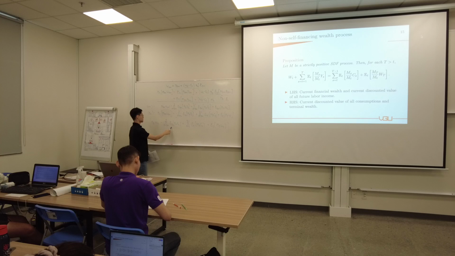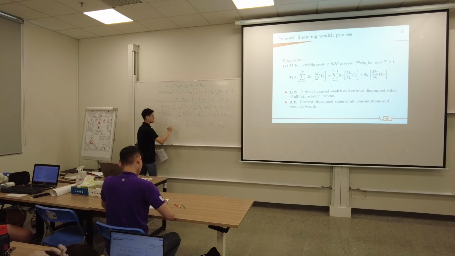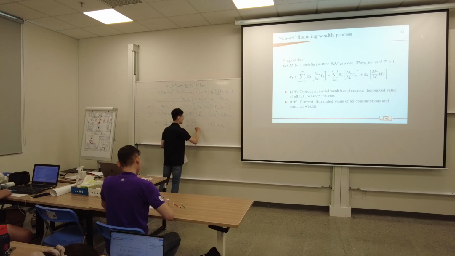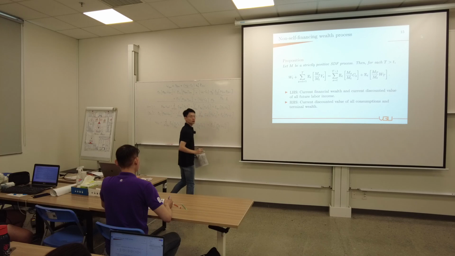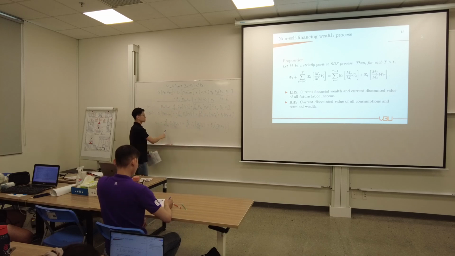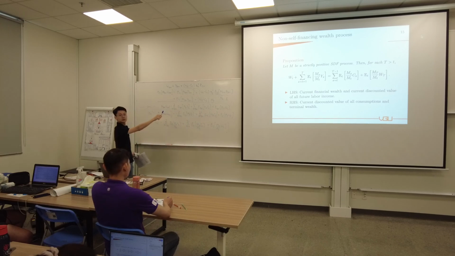And what is this? If we now divide m_τ from both sides, then we don't have m_τ here, and we have an m_τ here and here, so this becomes that equation.